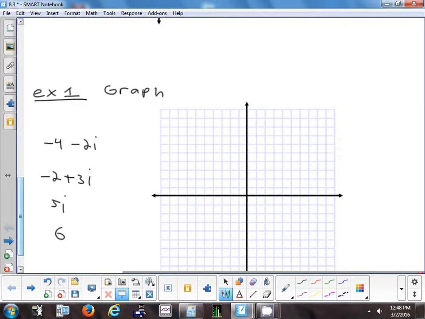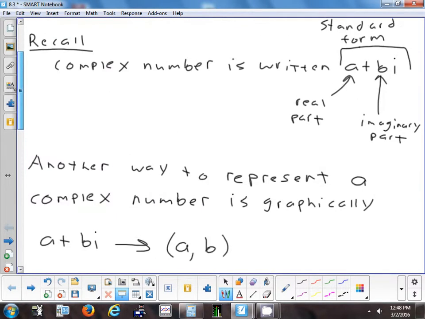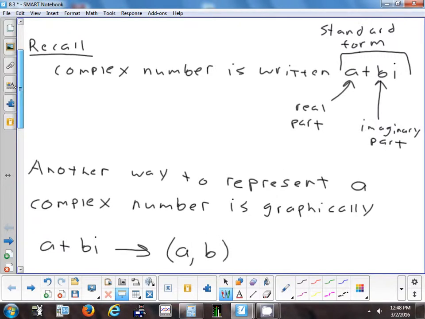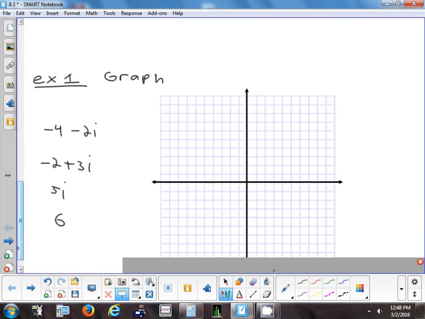Yep, real part, it's just a number, -4. What's the imaginary part? The imaginary part is just the -2. Just the number. The i is just there to tell you what's in front of it is imaginary. So real part, -4. Imaginary part, -2.